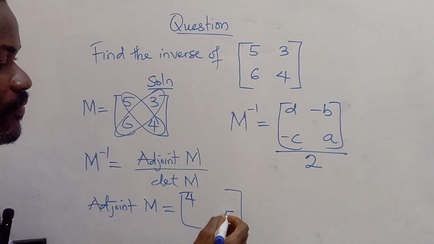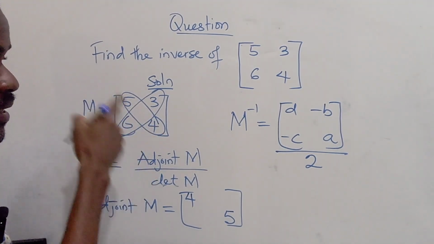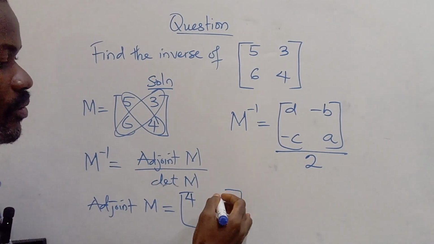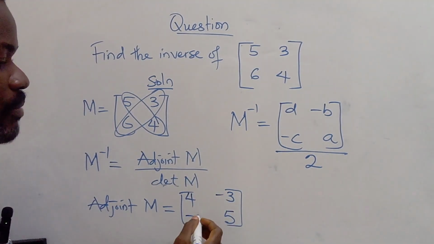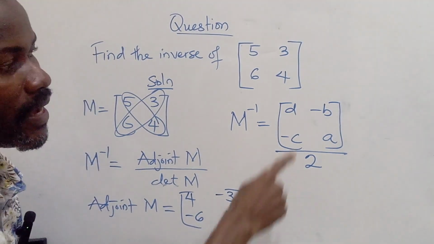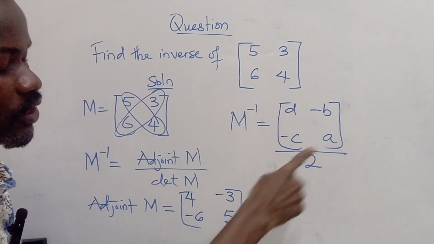So we are going to have 5 here. You have to interchange the elements in the leading diagonal. Then we are going to add minus and minus here, so I have minus 3 and minus 6.